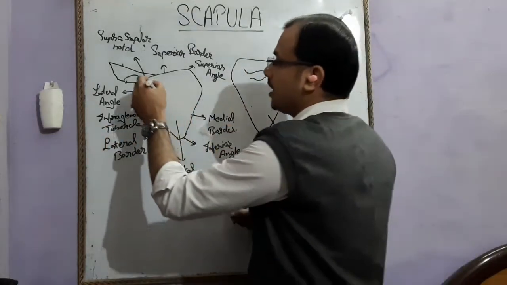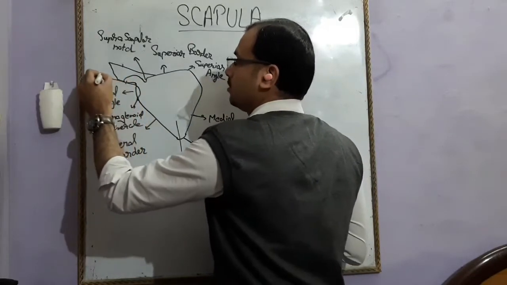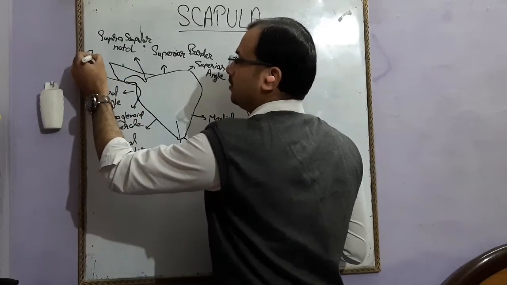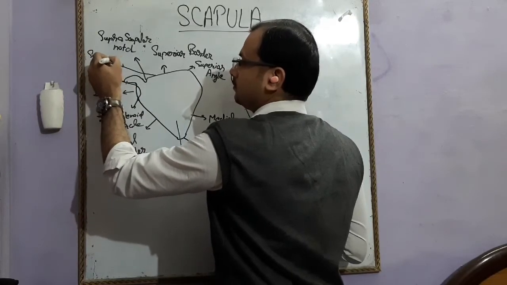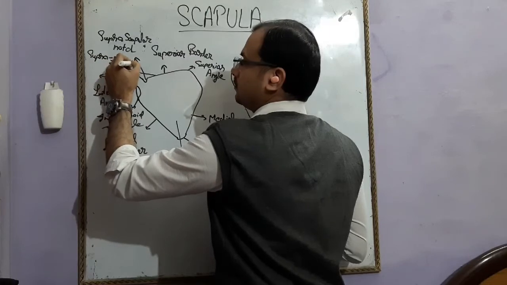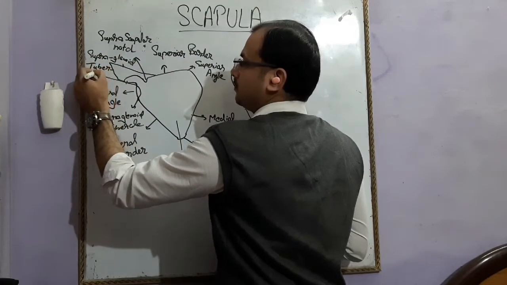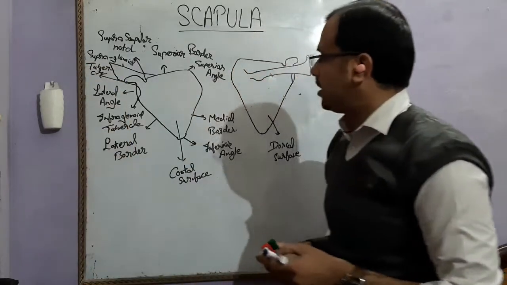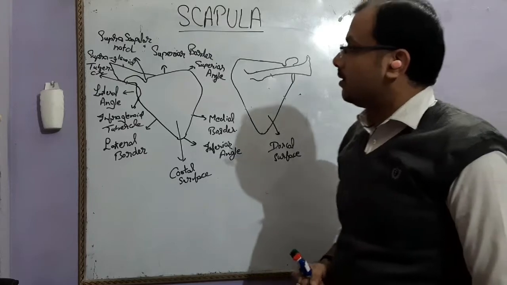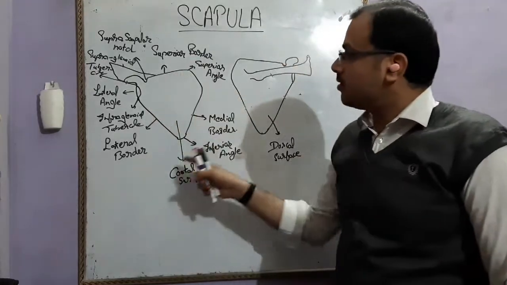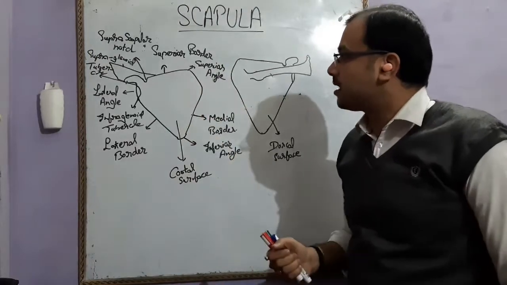And above the glenoid cavity, another tubercle is present known as the supraglenoid tubercle. So this is all about the features of the borders of the scapula.